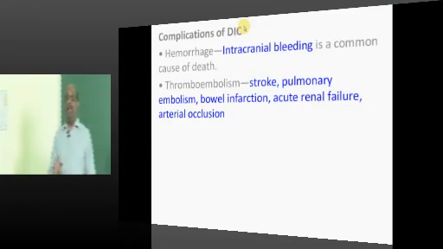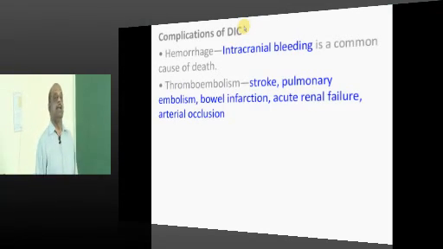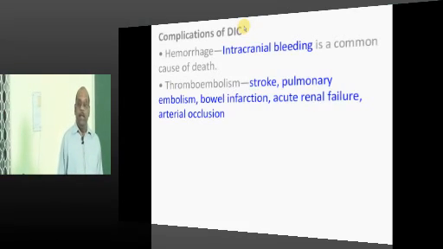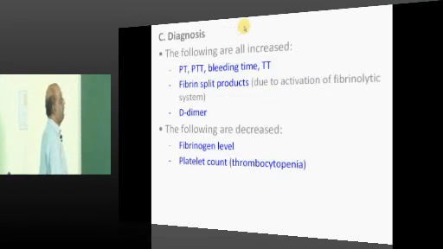Similarly, when the DIC is because of an underlying internal malignancy like a prostatic malignancy, you need to treat the patient with heparin in DIC, is what needs to be understood.